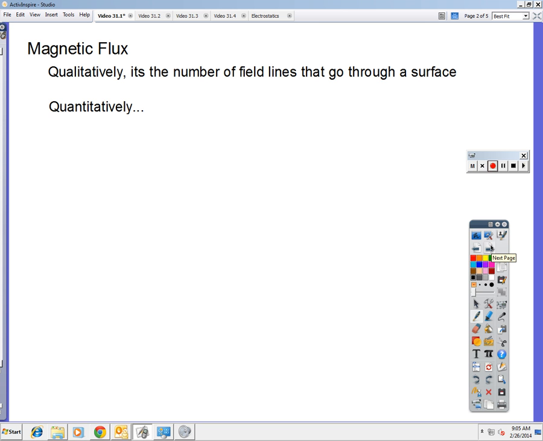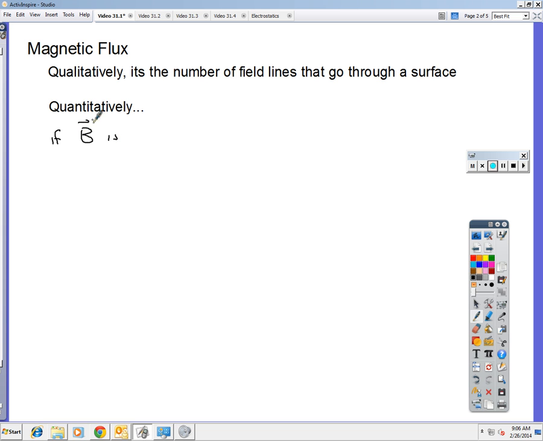And magnetic flux is a lot like electric flux. It's the number of field lines that go through a surface. The difference is that the surface will not be closed the way it is when we use Gauss's law. And quantitatively, it's much the same thing.